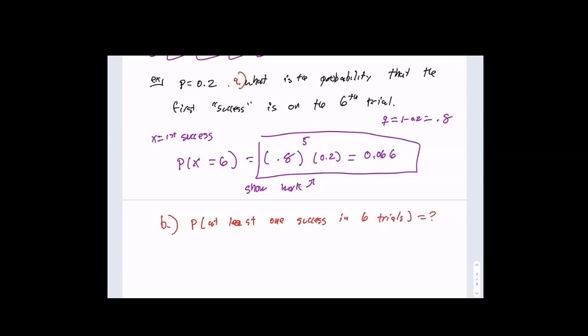At least one. Okay, now this one's a little bit different, because we could say it's the probability that I get it on the first one, the second one, the third one, the fourth one, the fifth one. That is an actual way of doing it.